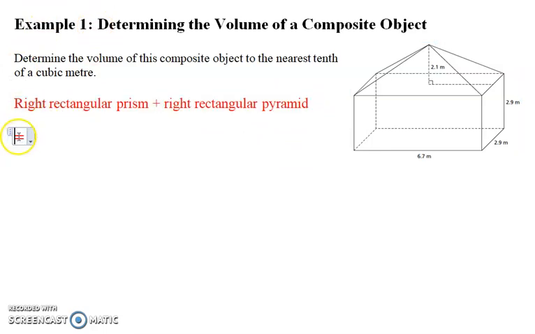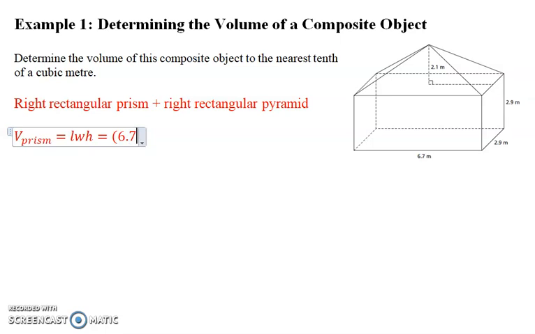Okay, so first we'll do the prism. So the volume, I'll just name it volume of the prism. You can put short for whatever you like. Volume of the prism is simply equal to length times width times height, as you guys are aware. So we'll calculate that. Make sure all the units are the same.